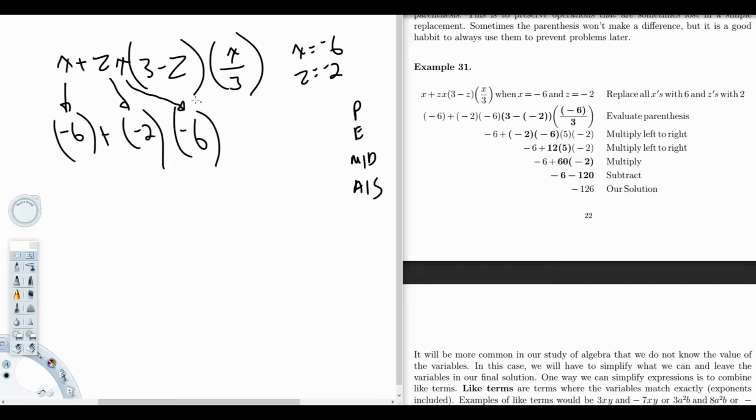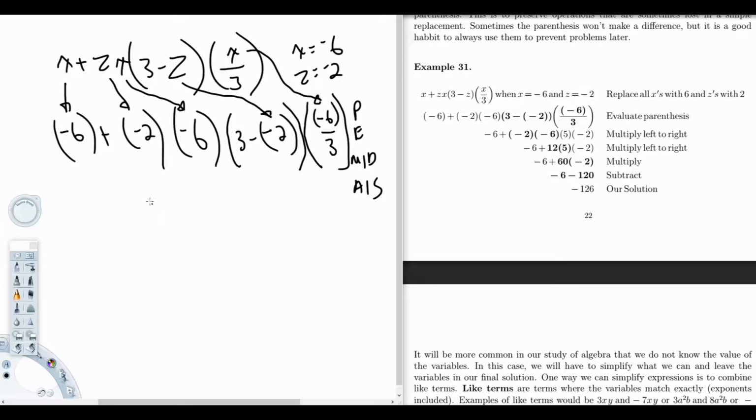Here, there's nothing between the x and this bracket, so you're also multiplying. So let's put another bracket: 3 minus minus 2, multiplied by minus 6 over 3. Look, that one goes right there. You can always pause it and check if you want.